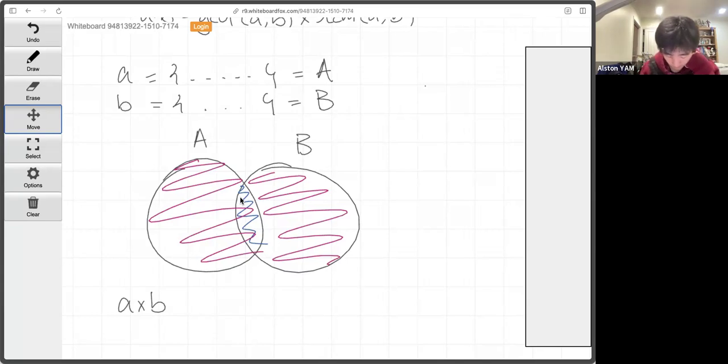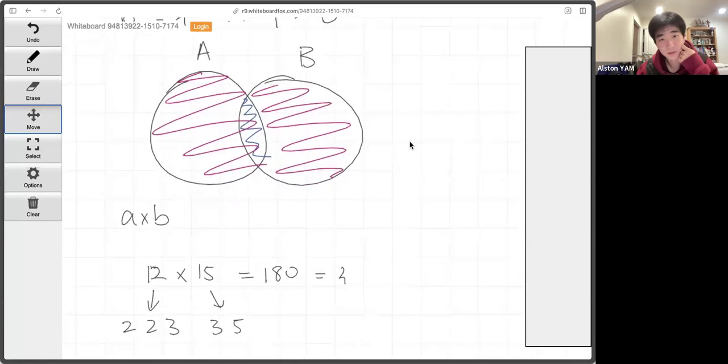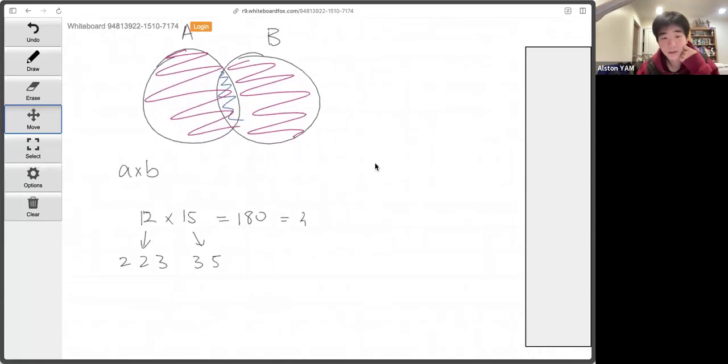Because if you think about it, if I have 12 times 15, that will be 2, 2, 3, and this one will be 3, 5. So the result, which I think is 180, will just be the set 2, 2, 3, 3, 5. Oh my gosh, I'm not showing the thing. Okay.